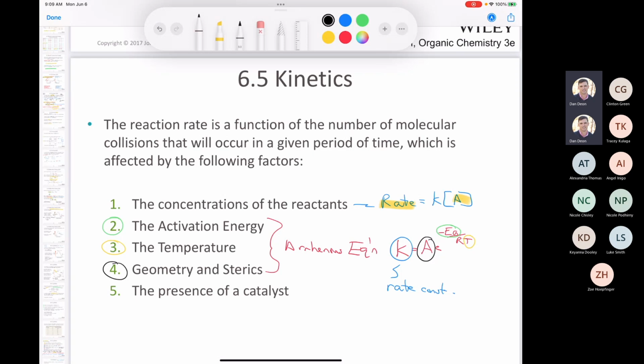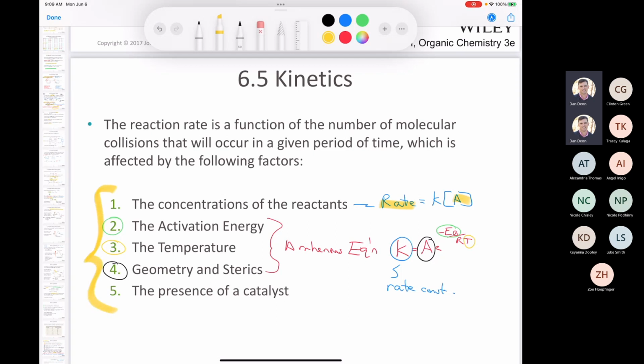Do we have a catalyst in our reaction? Generally speaking, it's going to increase the rate of the reaction. The reaction is going to occur at a faster rate. Well, I think this would be a good point for us to take a quick break, and then we're going to come back and get into these factors in more detail.